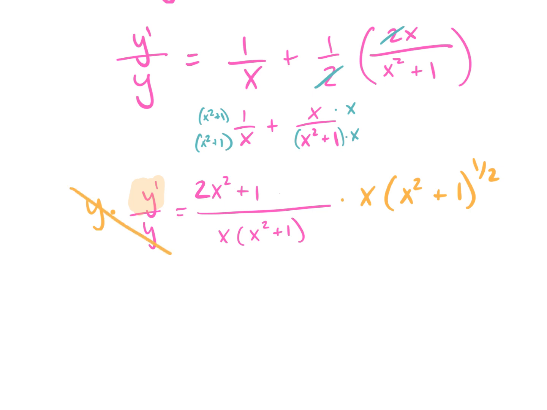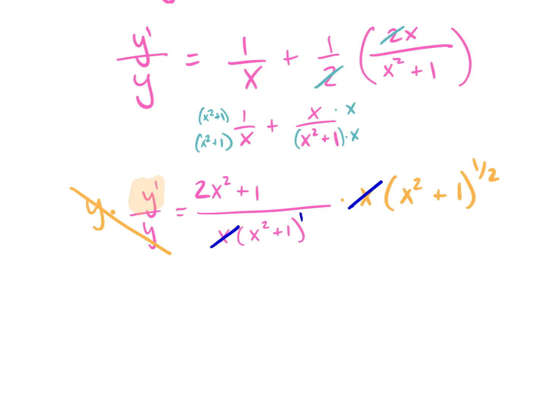So we just multiply both sides by y. So it'll cancel out here. Now we want to simplify the right side. So I have an x on top and an x on the bottom. That'll cancel. And then I have an x squared plus 1 to the 1/2 power on top, and an x squared plus 1 to the power of 1 on the bottom. These have the same base, so I can combine them.